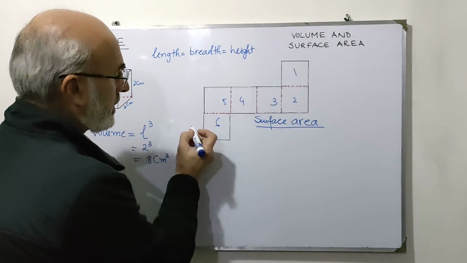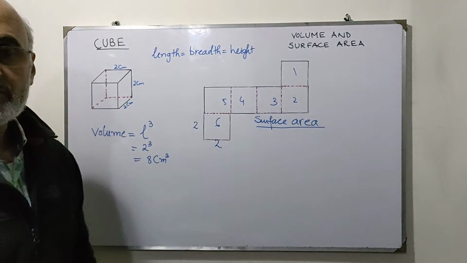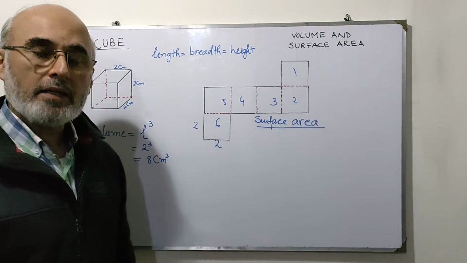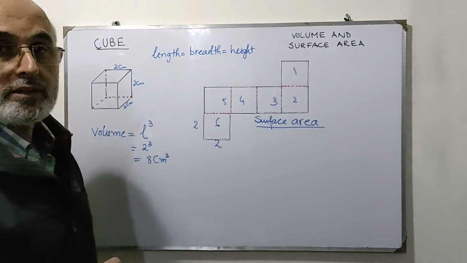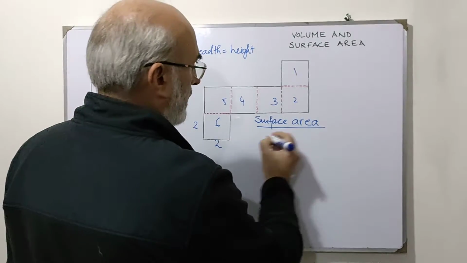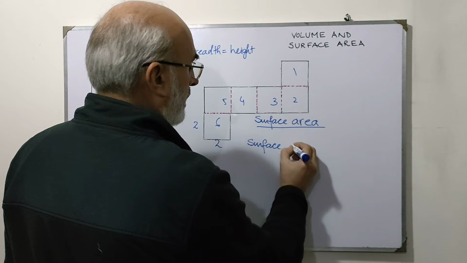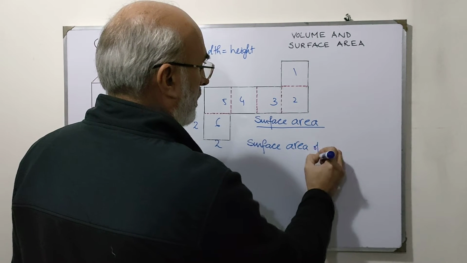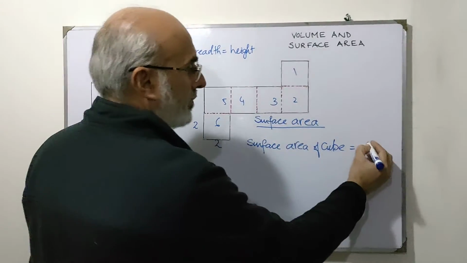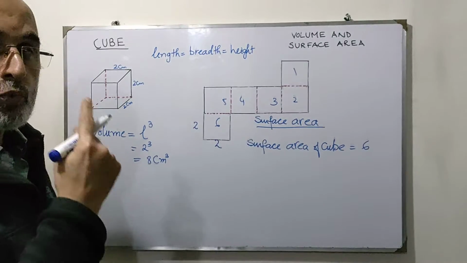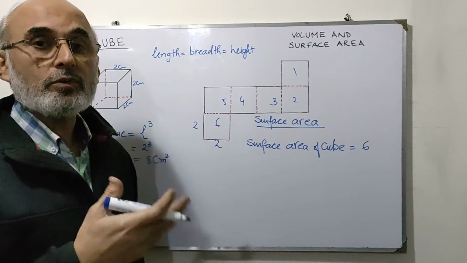If the dimension of one square is 2 into 2, that is L square. Length into length is L square. But how many squares do I have? 6 squares. So the surface area of the cube is equal to 6 squares, and the area of a square is length into length, L square.